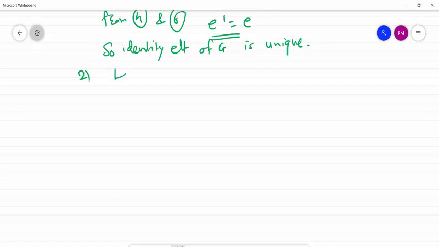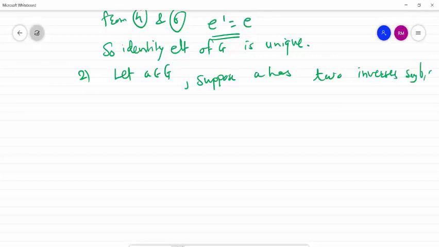So again let A be any element in G, and suppose A has two inverses, say B and C. So by the property of inverse, what is the property of inverse?